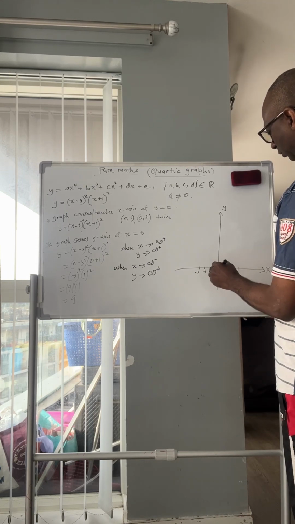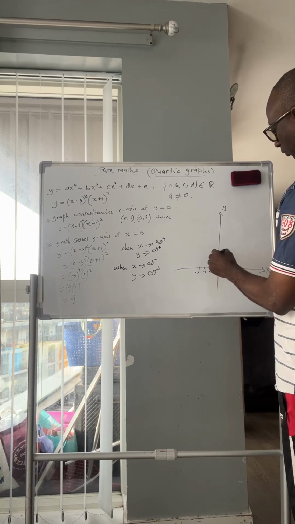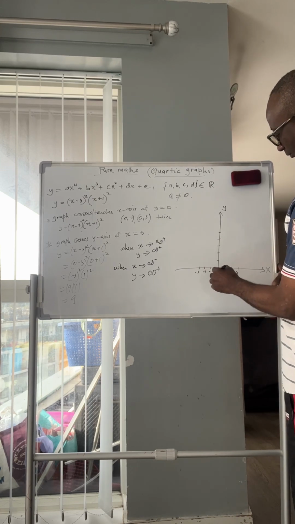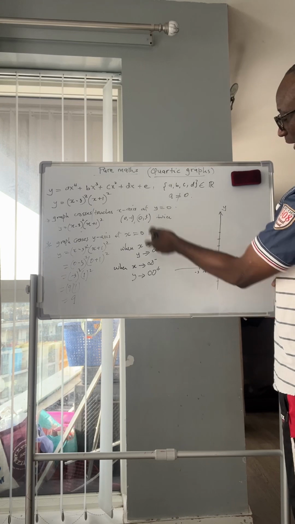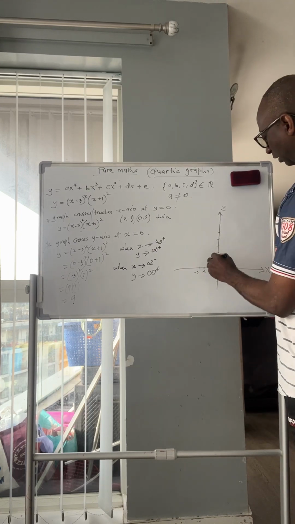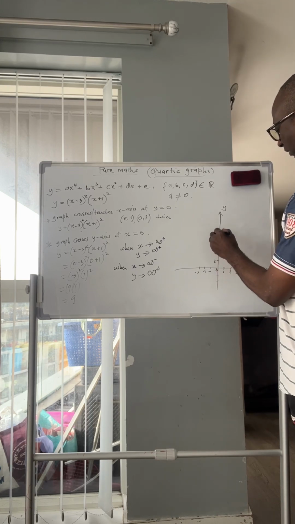Of course, here is 0, don't forget. And I put here 2, 4, 6, 8, 10. Minus 2, we don't have negative y, so we just ignore on the negative side. So you have 2, 4, 6, 8, 10.